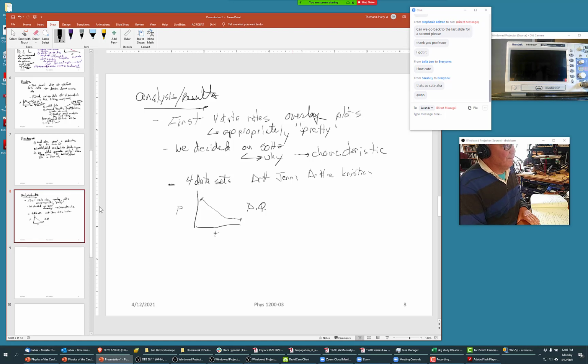So we cut off anything that wasn't part of the constant leak area. That would be when you're pumping it up, and then out here is when the cuff is no longer tight.